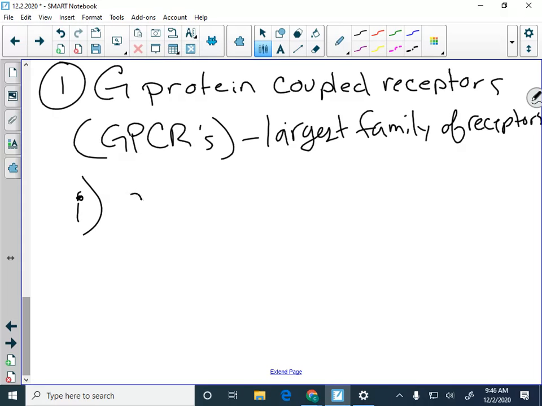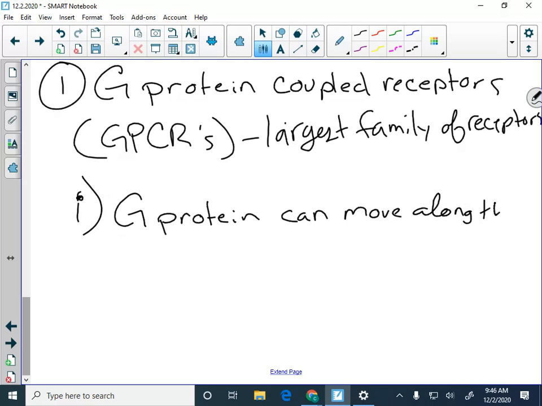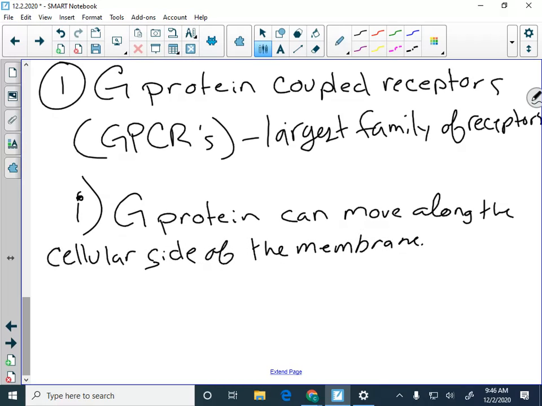So the G protein can move along the cellular side of the membrane. G proteins are embedded membrane proteins, but they don't go all the way through. They're kind of halfway through, and they can move anywhere on the membrane as long as it's attached to the cellular side or the inside of that membrane.